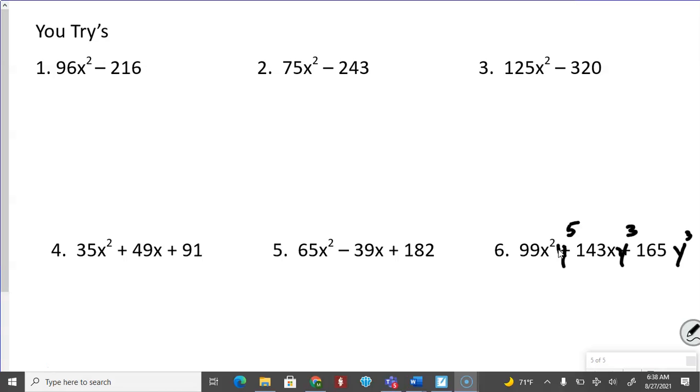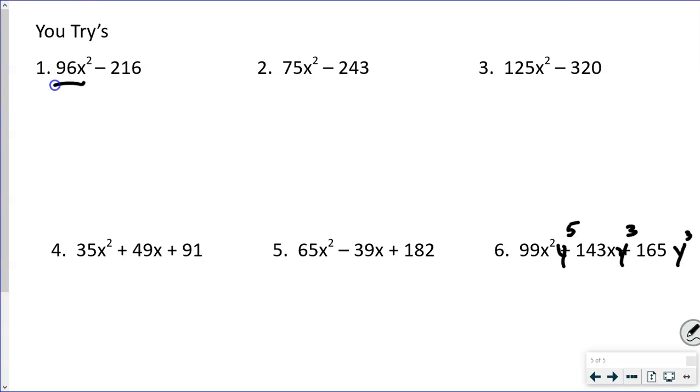if I start working through the numbers here, for example, let's just say I think it's divisible by 4, okay? So if I divide them both by 4, what I'm going to get is 24 here. And when I divide 216 by 4, I get 54. Well, these are still divisible by, let's see.